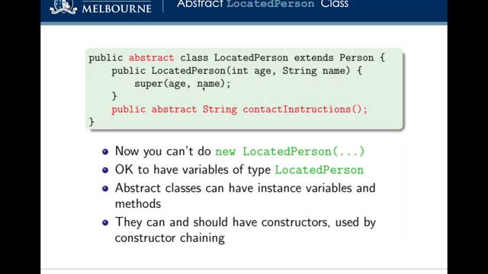And of course, any abstract class can have variables, instance variables, as well as instance methods that you can use, as well as the abstracted methods. And naturally, you should use constructor chaining. So as we did in the example, if you have a constructor that requires values, you must provide a super keyword to provide the values to that constructor as you move up the hierarchy chain.